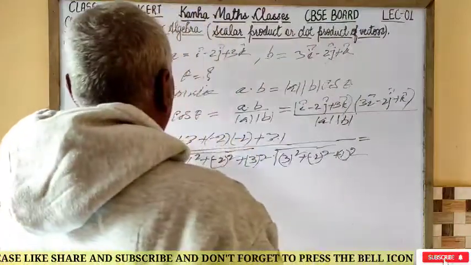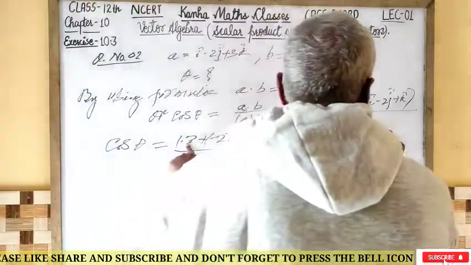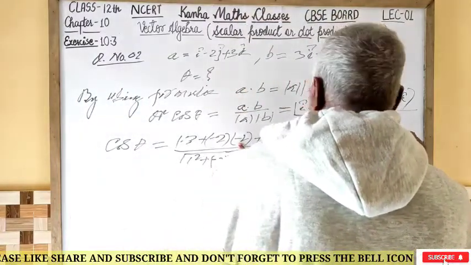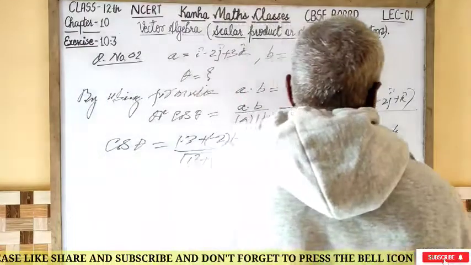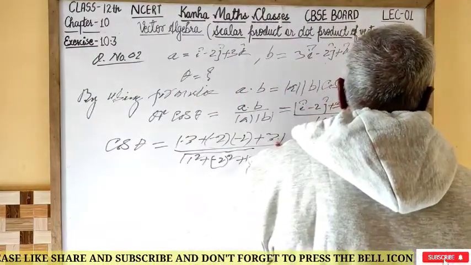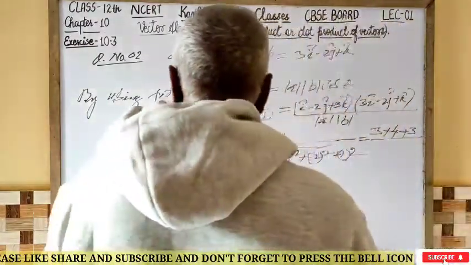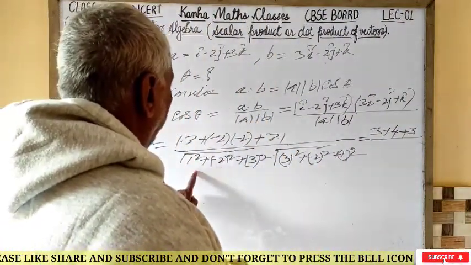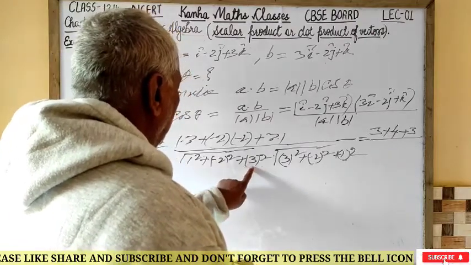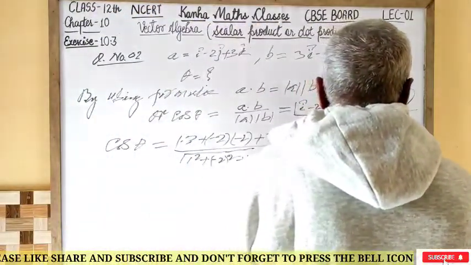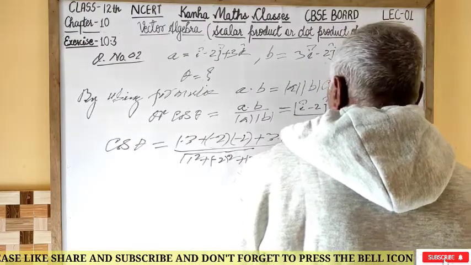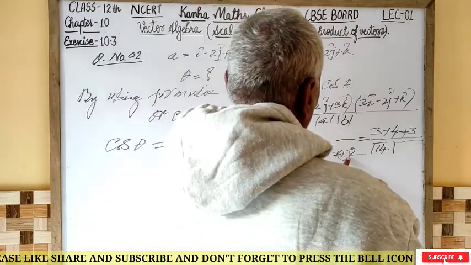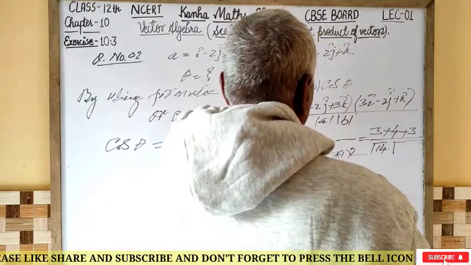Now 1 into 3 means 3, minus 2 into minus 2 is plus 4, and 3 into 1 is plus 3. So 3 plus 4 plus 3 is 10. Here 1 plus 4 plus 9 is 14, and 9 plus 4 plus 1 is 14.